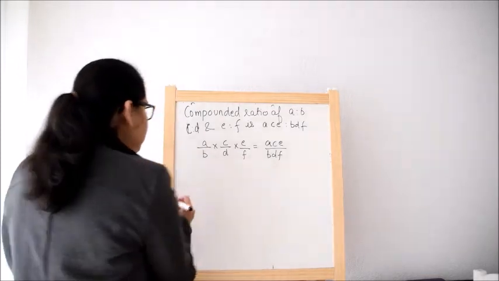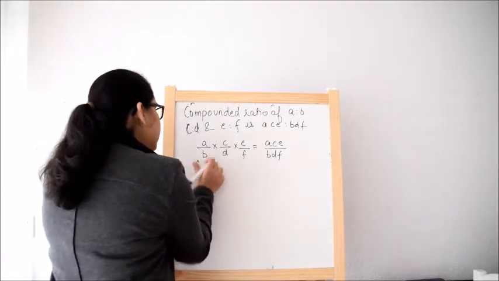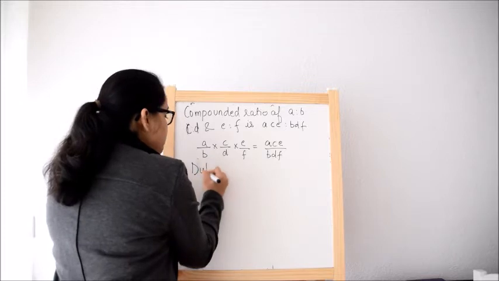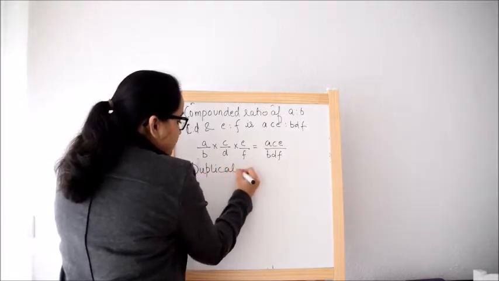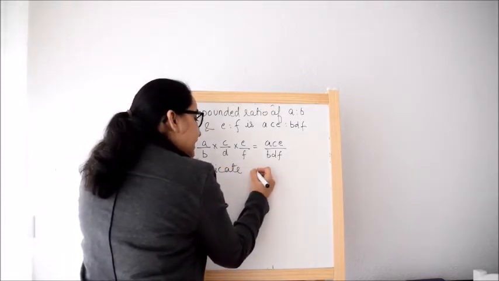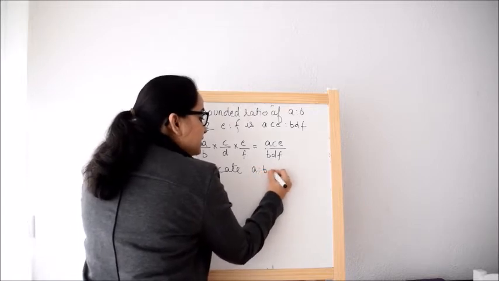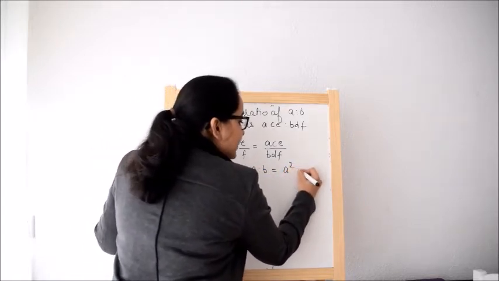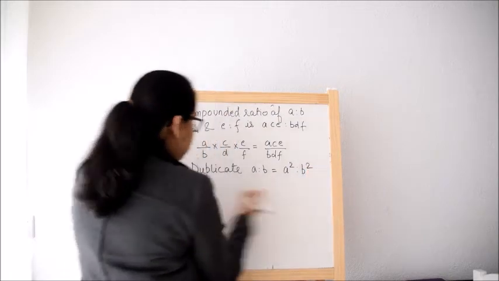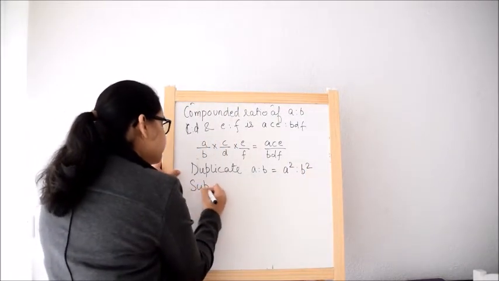Okay, now there are few more terms like duplicate ratio. So what is duplicate? Duplicate ratio of A is to B is A square is to B square. Now subduplicate ratio.